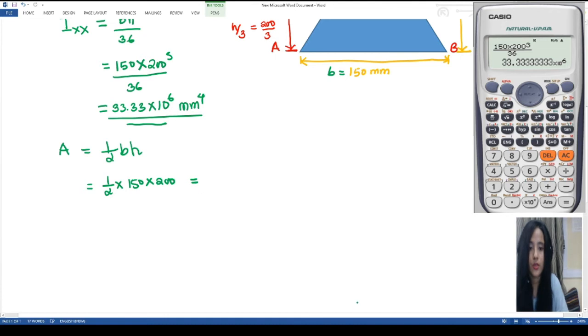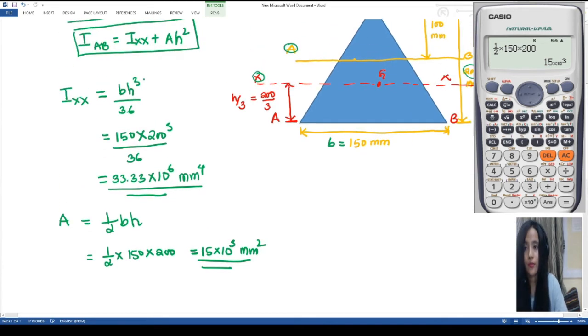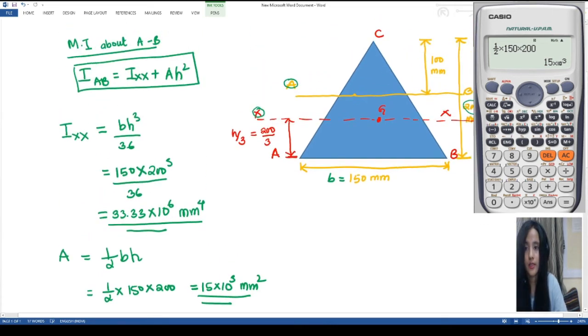This is coming 15 into 10 raised to power 3 mm square. Right? Now, the last one from the formula that we need to find is its height h.